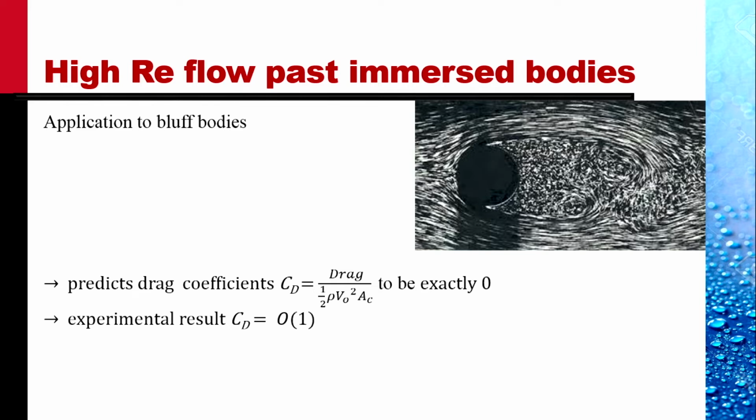For bluff bodies, like a cylinder or a sphere, the drag coefficient is of order 1. So, our approximation appears to be breaking down. This is what is known as D'Alembert's paradox.